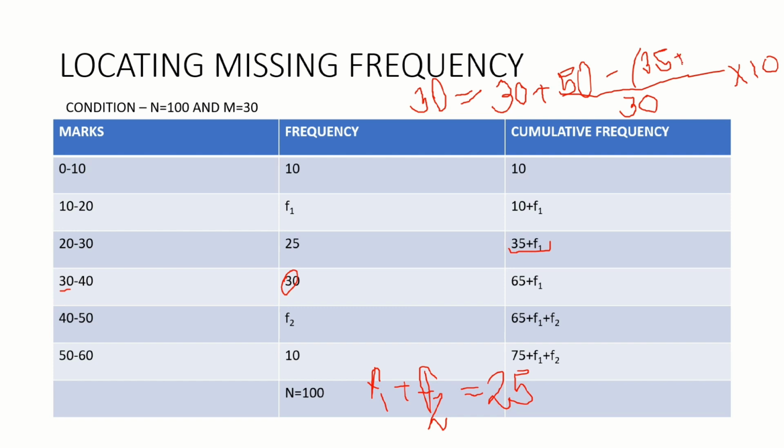Now look, what we have here is dividing something by 30 and multiplying it by 10. Technically, that ends up with divided by 3. And if we remove this 30 and this 30, this means that (50 minus 35 plus F1) divided by 3 equals 0.